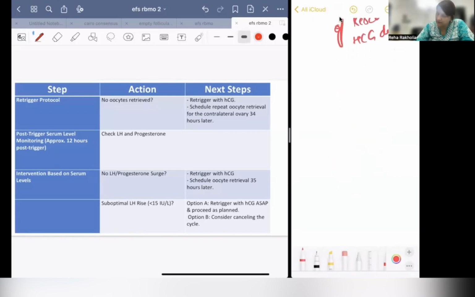Okay. We have given GnRH agonist. This is the day for oocyte retrieval. This is from Gardner.